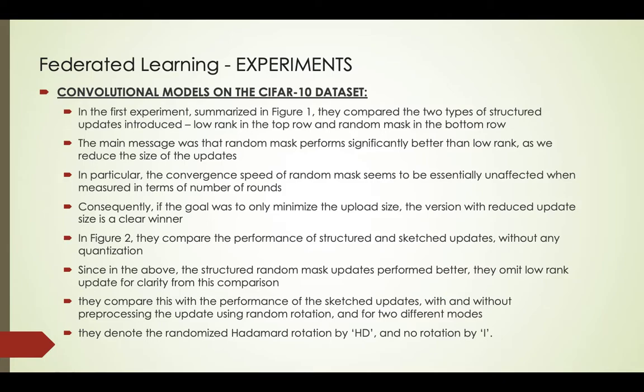In the first experiment, summarized in Figure 1, they compared the two types of structured updates introduced: low rank in the top row and the random mask in the bottom row. The main message was that random mask performs significantly better than low rank as we reduce the size of the updates.